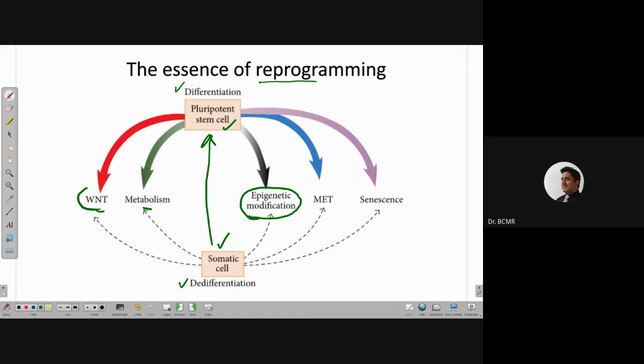You can think of one cell as having a pluripotent cell nuclear program, and if you change it to a somatic cell, then you are changing the nuclear program. I hope you understood that part, and I want you to remember it clearly so that you will not be lost anywhere during the course of this class or until we finish this paper.